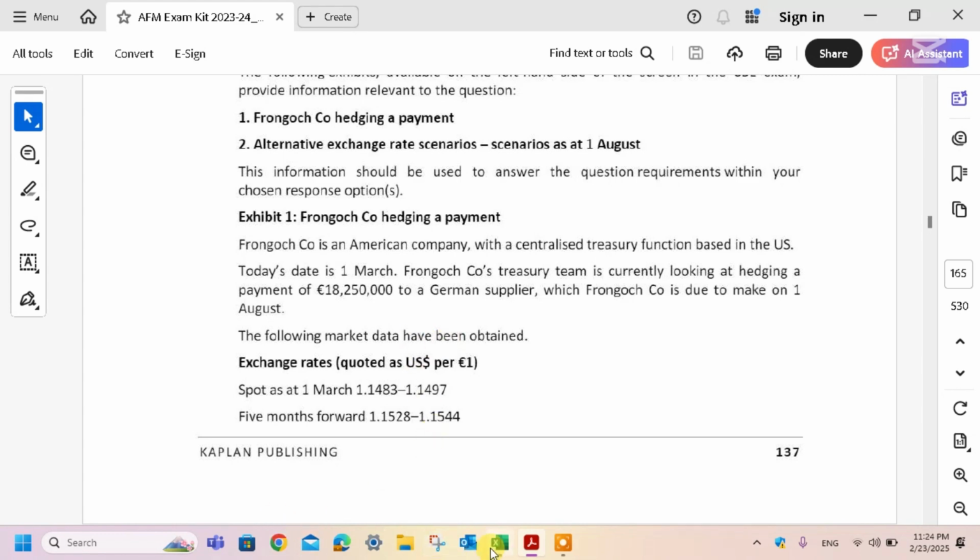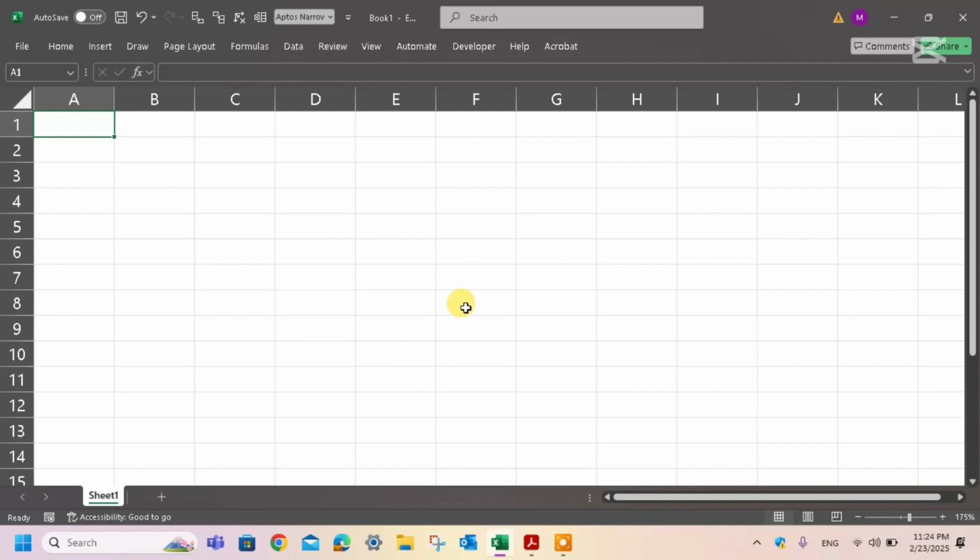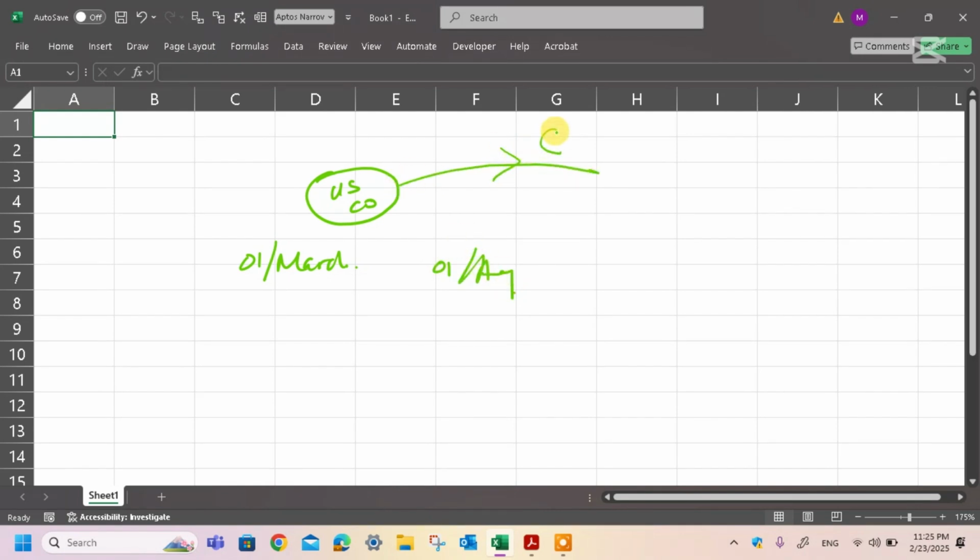Let's understand the scenario first. This is a US company. Today is 1st of March. On 1st of August, they have to pay 18,250,000 euro. So the company's requirement is to buy euros.